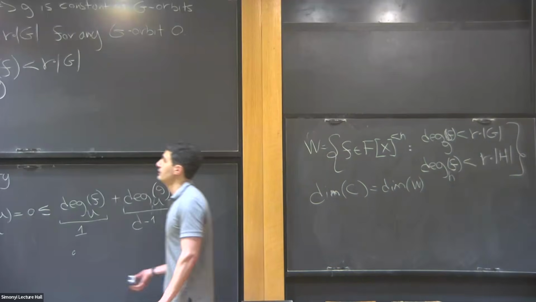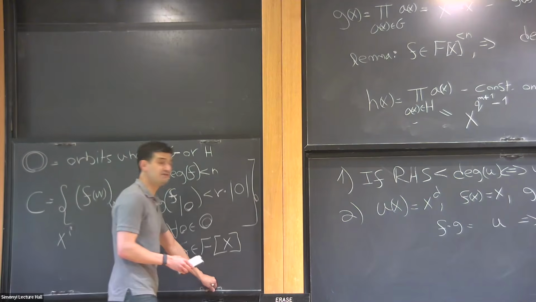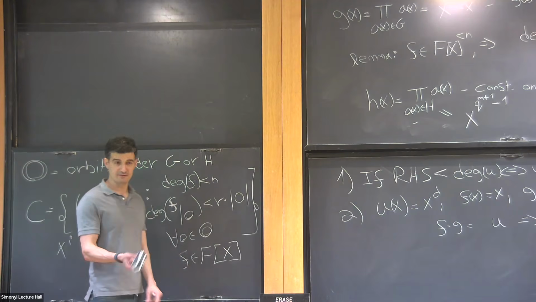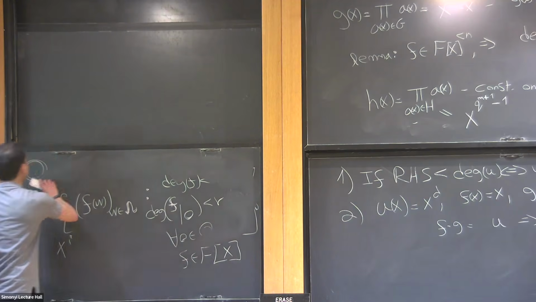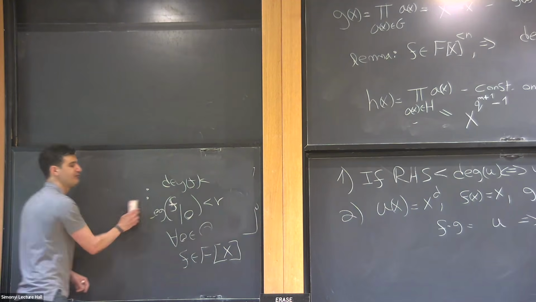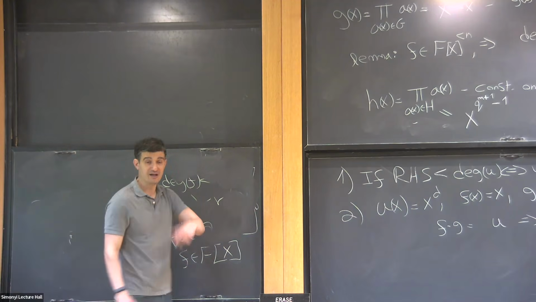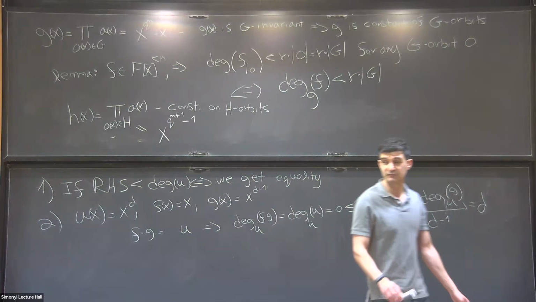That's the goal, and we're trying to make our life easier in order to analyze the dimension. To prove something about the dimension, I will show you a large set of polynomials that are linearly independent and live in this subspace W. That's the goal.